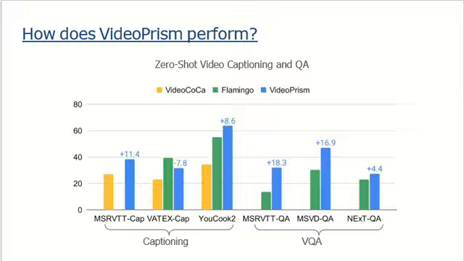This means that the model is being asked to describe or reason about a video without having seen examples from that task. So for captioning on MSRVTT-Cap and VATEX-Cap, VideoPrism achieves plus 11.4 and plus 7.8.